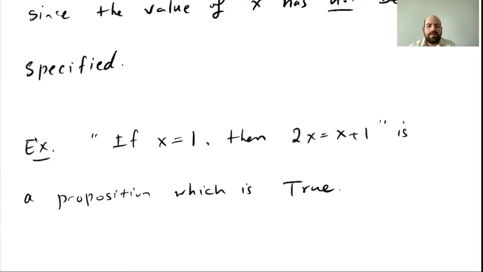All right, now we need to also know about operations between propositions. We can connect propositions together with operations. When we learn about numbers, first we learn what numbers are, then we learn operations between two numbers.